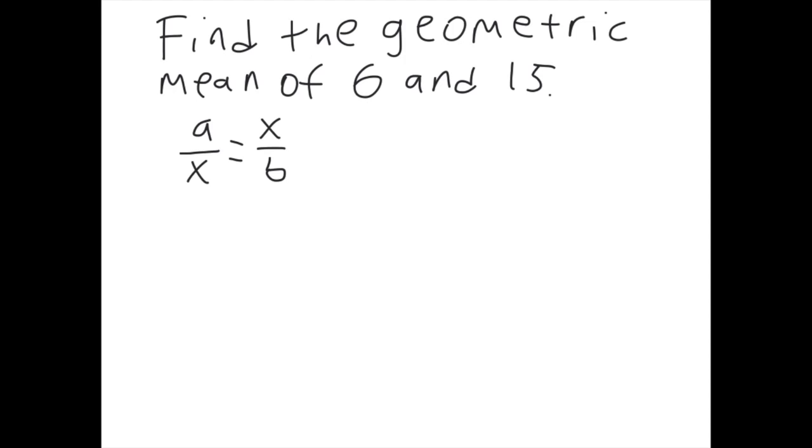So what you do with that is a and b are what are known as extremes. These are the numbers you're trying to find the geometric mean of. So in this case, 6 and 15 are your extremes. And then x is your geometric mean.